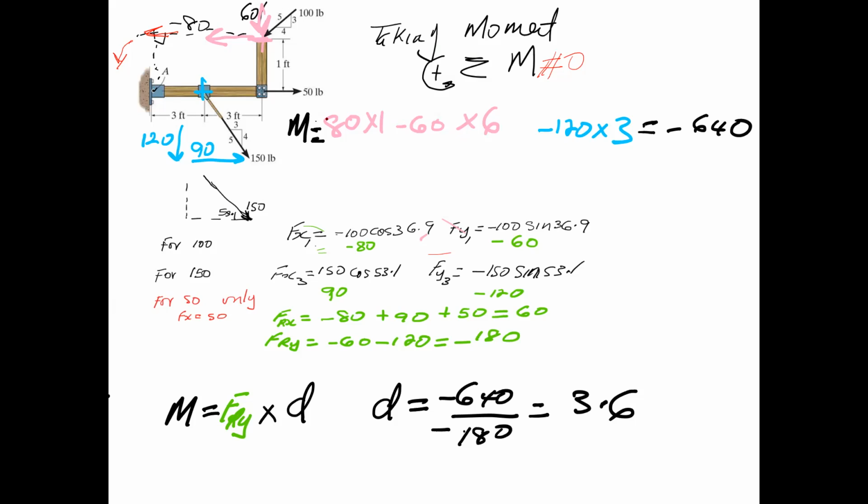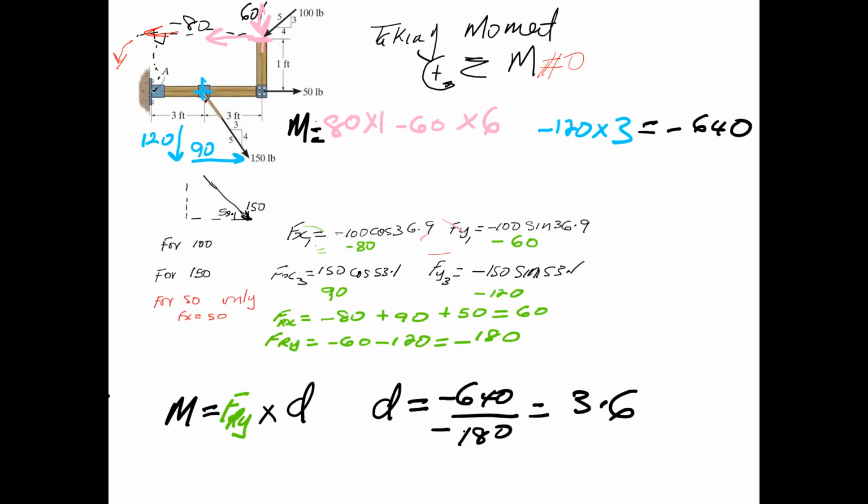What about the next component? The next force here, you have two components. One is running straight through A, so it's not a part of it. That's the 90. But the 120 will tend to want to do some turning. If the pivot point is here and the force is here, it's going to be turning it clockwise. So it's minus 120 times, what is the distance? 3.